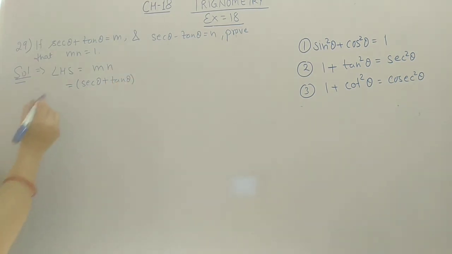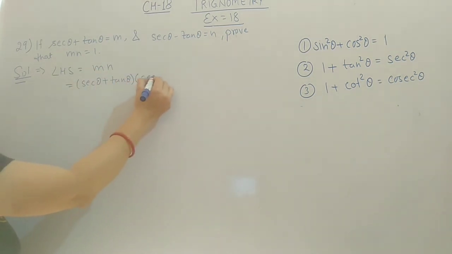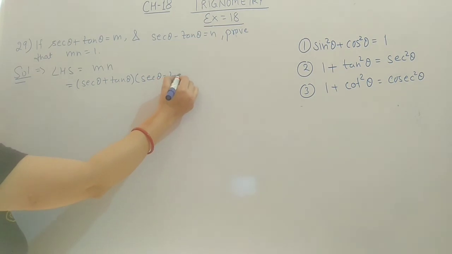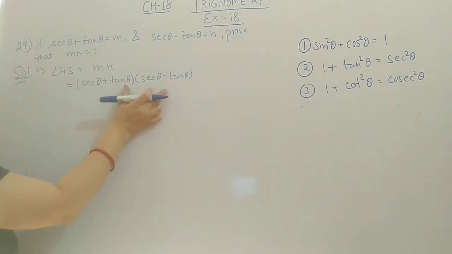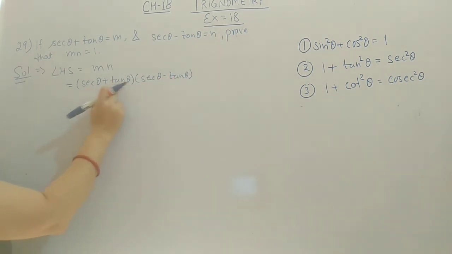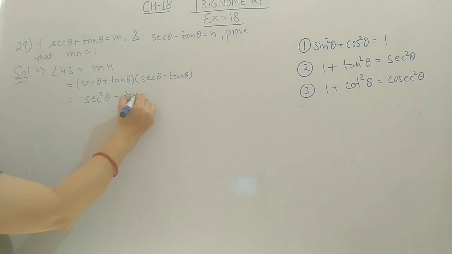And the value of n is sec theta minus tan theta. Both the brackets, if we multiply, a plus b, a minus b, then we will get a square minus b square: sec square theta minus tan square theta. And from the second identity, sec square theta minus tan square theta is equal to 1. Hence it is verified.